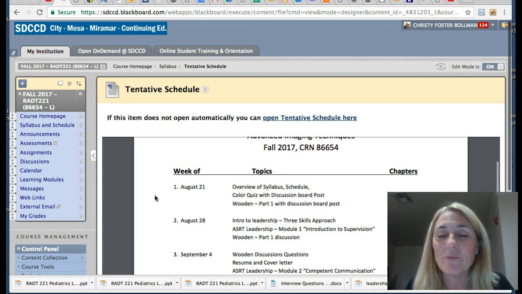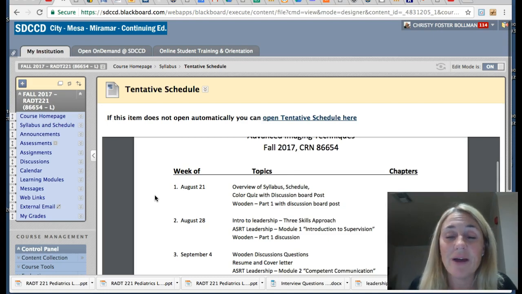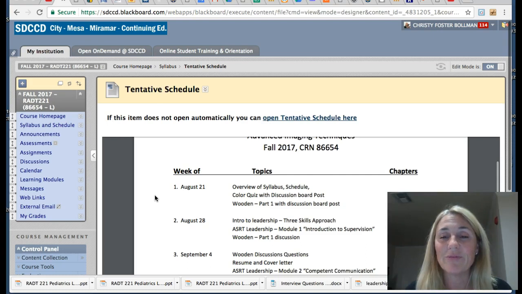So after you take the color quiz, you're going to see what color you are, or combination of colors, and you're going to put a discussion post up telling me if you think it's right or not and why you think it is, or so what your family and friends will think also. Also, you're going to read part 1 of your Wooden book. It's a really small book. If you haven't gotten it already, you're going to need to get it, and you're going to have discussion posts that you're going to have to make for your assignment.